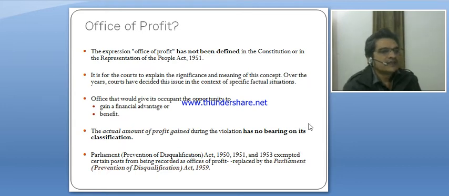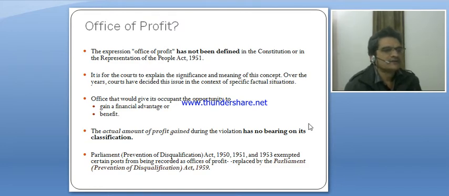Now, what can be the office of profit? How do you define, how do you say that a given office is indeed an office of profit? Actually, this has not been defined either in the Constitution of India or in the Representation of the People Act.